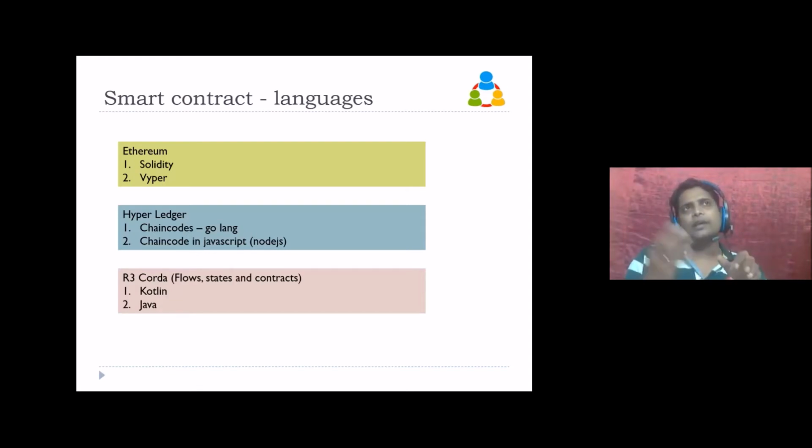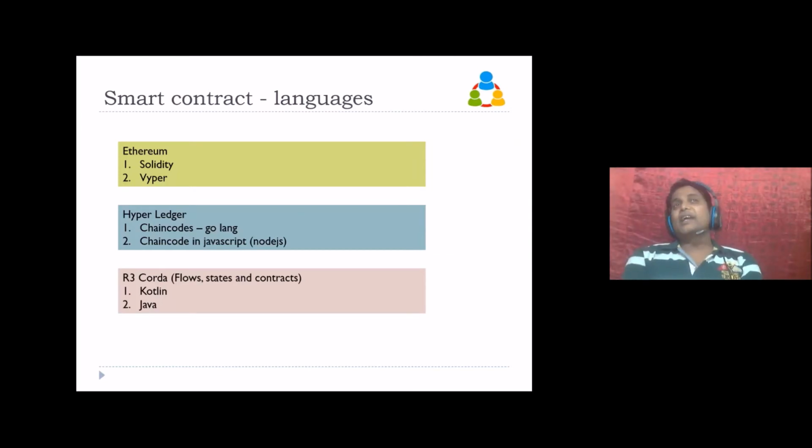In R3 Corda, the language used is called Kotlin, and you can also write smart contracts using the software language called Java, which is, I think, popular. Many people know it. You will learn about Java and other things when you are trying to learn computer science and other languages, right?